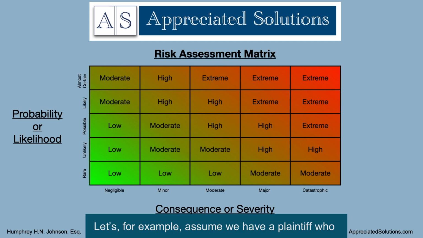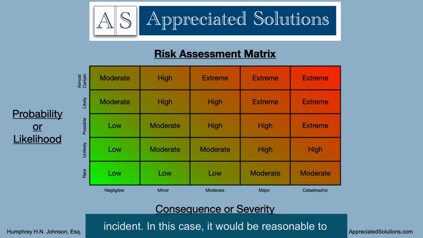Let's, for example, assume we have a plaintiff who was a pedestrian in a crosswalk when she was struck by a car and suffered clear, disabling, and life-changing injuries from that impact. Let's also assume there is credible evidence the defendant had a blood alcohol level at twice the legal limit at the time of this incident.